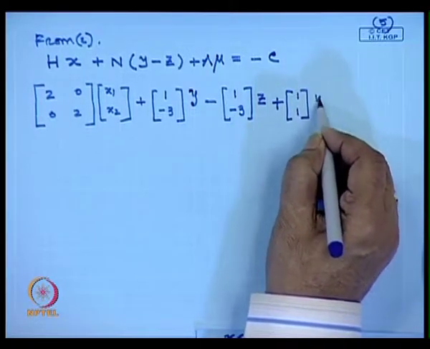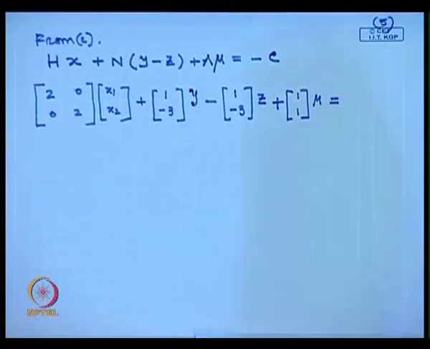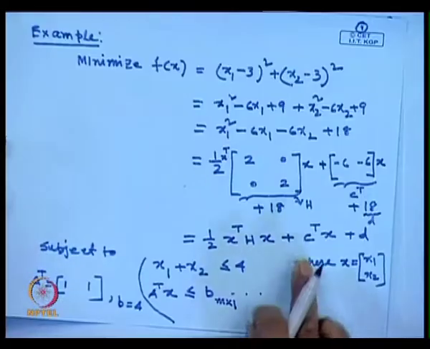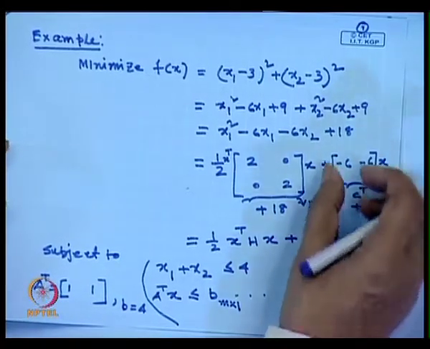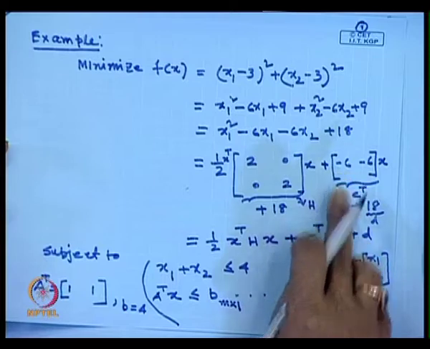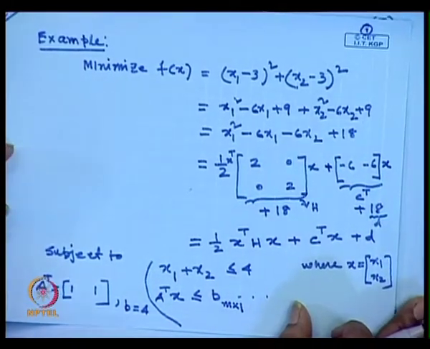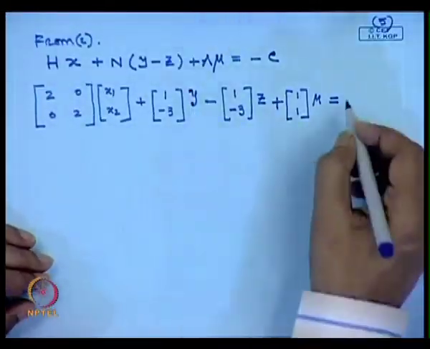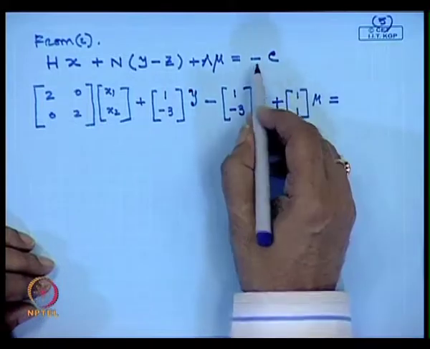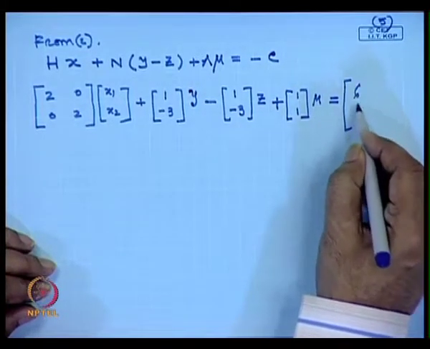And mu, we have only one inequality constraint, equal to C. What is the value of C here? C transpose is minus 6 minus 6, so taking the transpose, it will be 6 6.